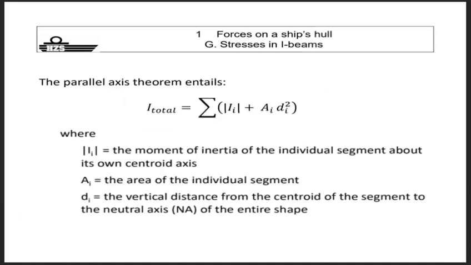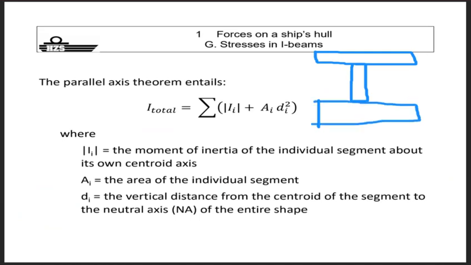Well, there's a little formula, and that's called the parallel axis theorem. And in a way, this is the only one you need to memorize a bit, because all the rest you already know. And if you practice, you know. So if you have, for instance, a shape of a structure like this, which is exposed to forces that lead to bending moments, you need to know from this structure what is its resistance against bending.